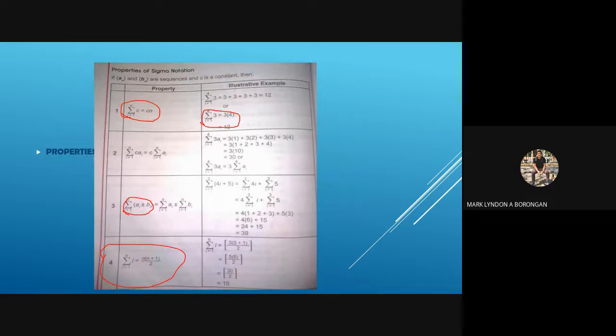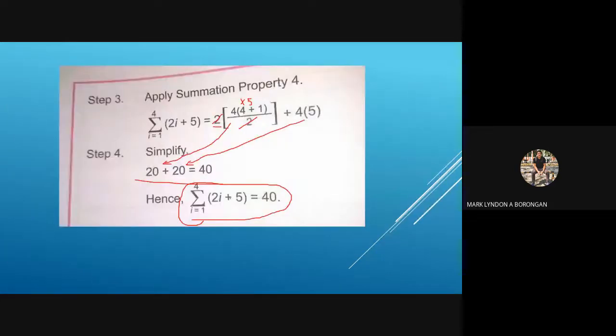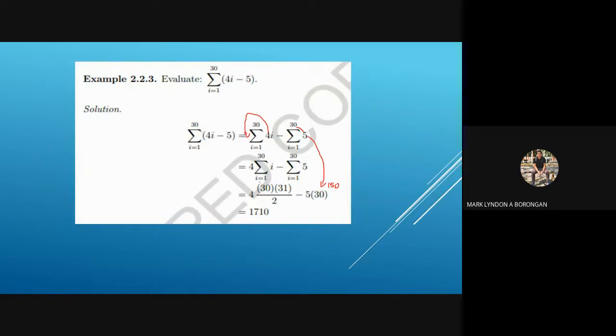So, that will be n times n plus 1 divided by 2. n is our 30, then n plus 1 is 31, right? This is n times n plus 1 divided by 2.